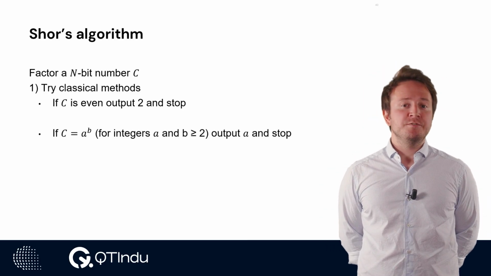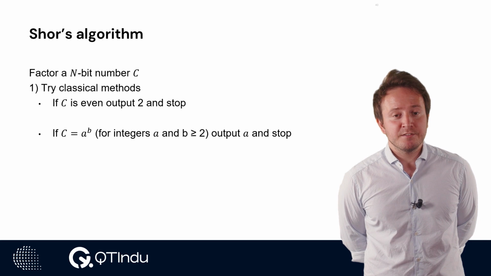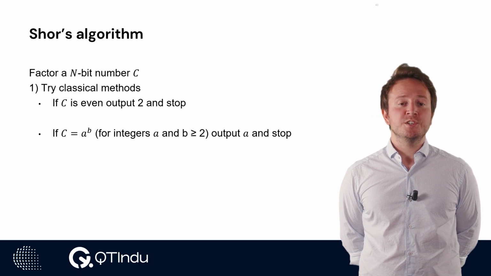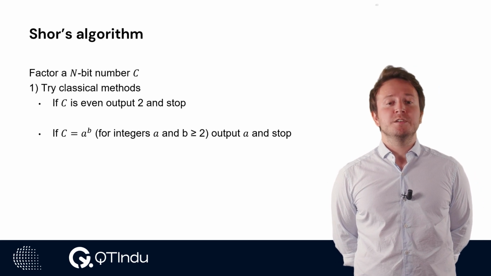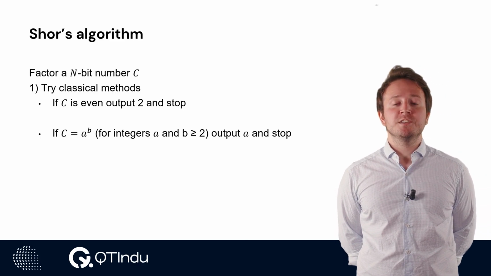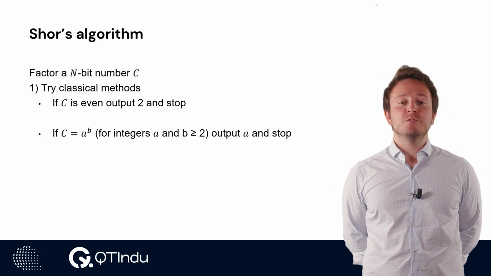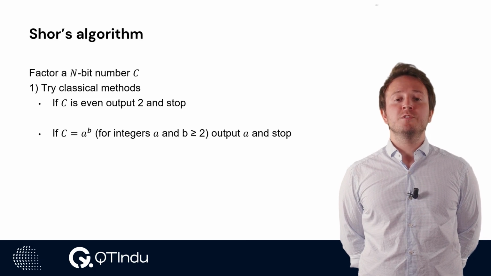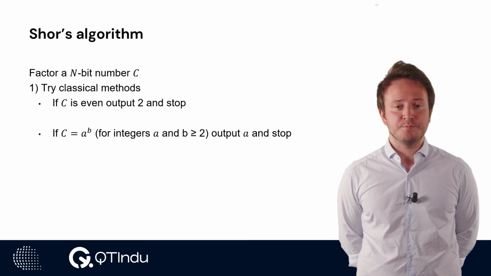Another case that can be efficiently computed classically is that C is equal to an integer A to the power of another integer. In this case, we can efficiently, in a classical way, compute A, output A and stop the algorithm.